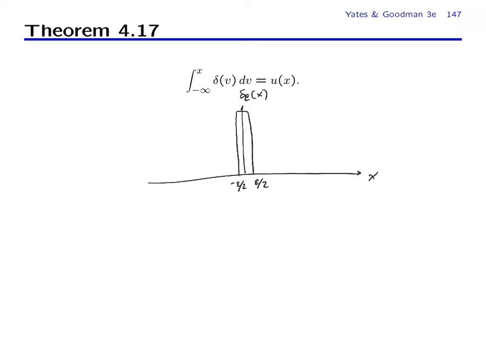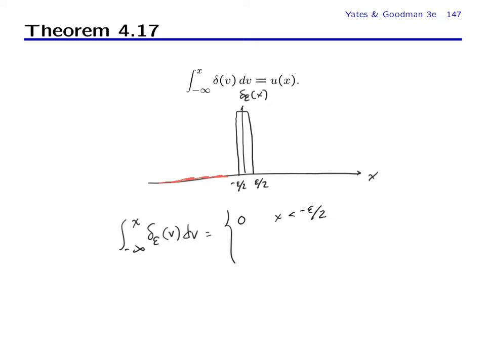And when we integrate this function from minus infinity to x of delta epsilon of v dv, well, it's equal to 0 if x is less than minus epsilon over 2, because in that case, you're integrating over this region here, where the function is 0.